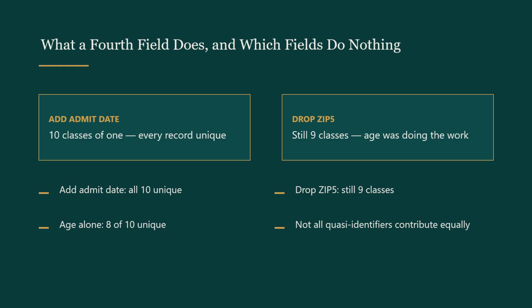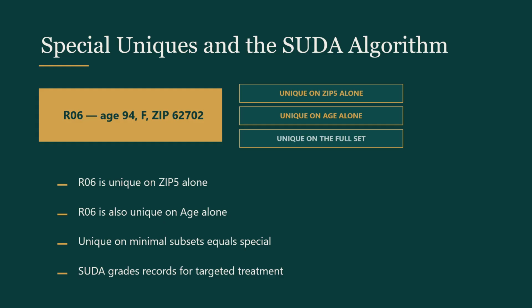Measuring which field carries the uniqueness is how an expert decides where to spend utility. Run both experiments on every dataset you assess. Add fields to see how fast it fragments, and drop fields one at a time to see which one was actually load-bearing.